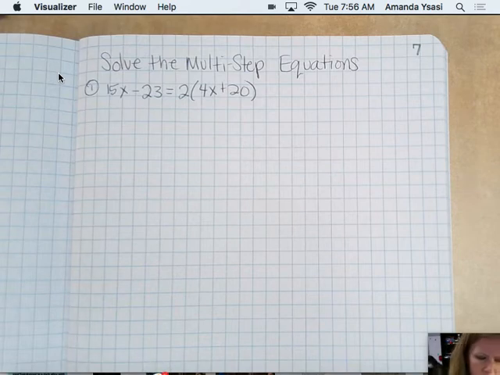It feels weird writing, because we've been doing everything on the computer.